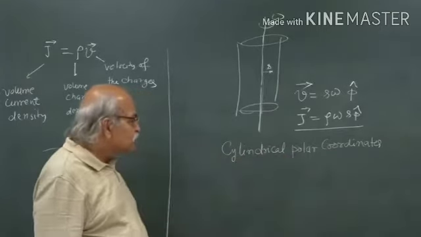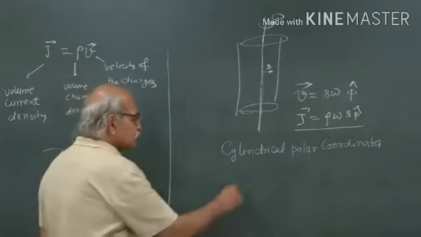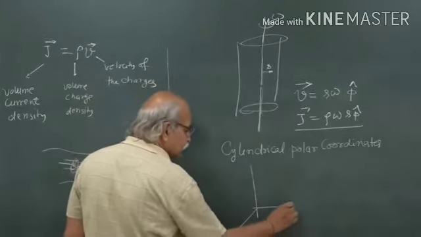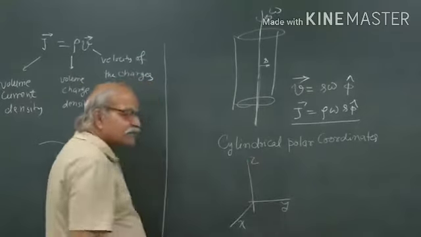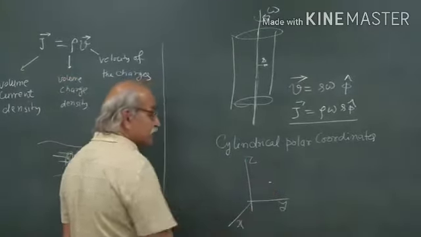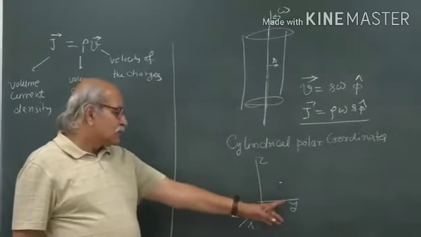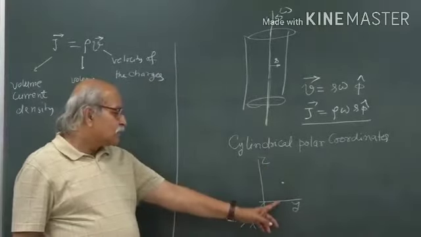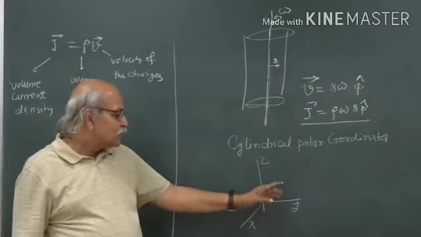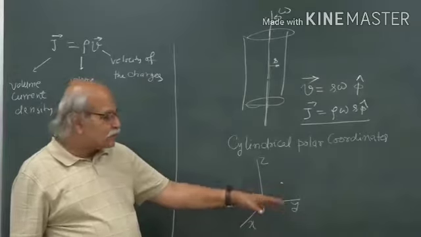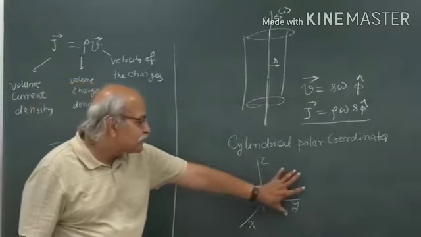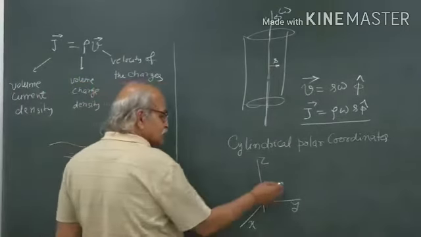Just to revise, you have x, y, z axes. Say this is the x axis, this is the y axis, this is the z axis, and you take any point in space, not necessarily in the plane of the board. The way it is drawn, the plane of the board is the yz plane, but you can have points outside the board, on the other side of the board also. So, this point is not necessarily on this plane.